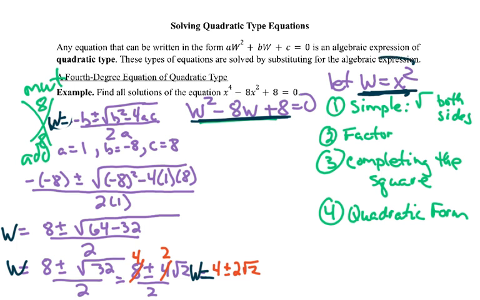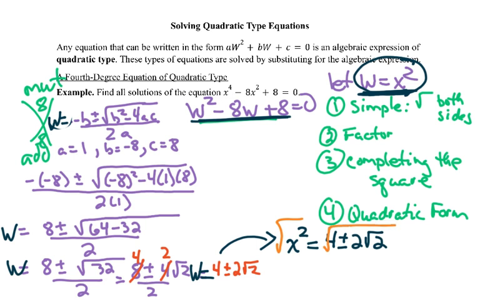And then remember, what did w equal? It equaled x squared. So I can rewrite this as x squared equals 4 plus or minus 2 radical 2. And now what do we do to solve this? Well, we have to square root, and don't forget, it generates two solutions, so we need that plus or minus in there.